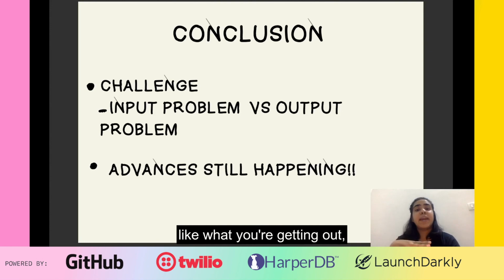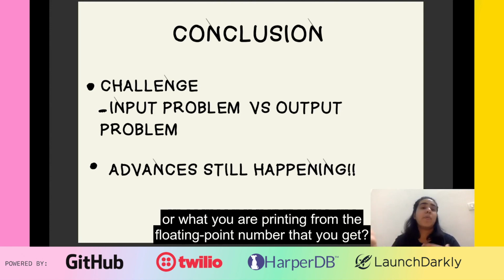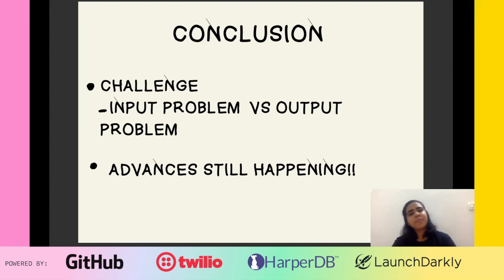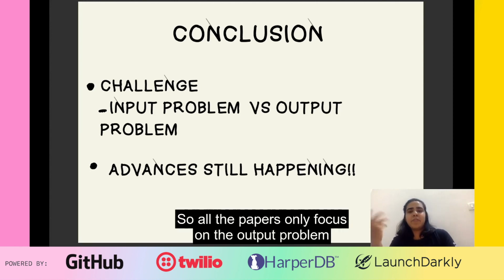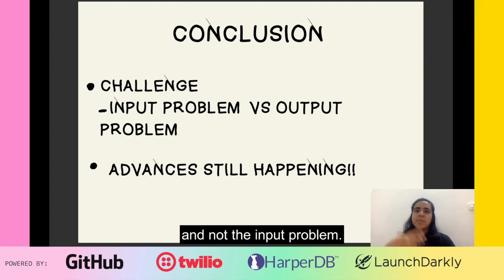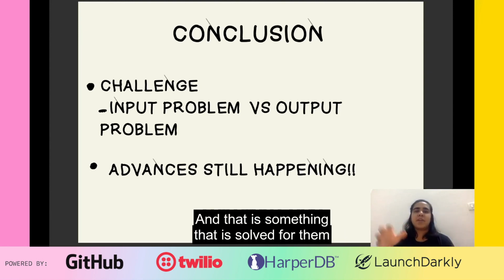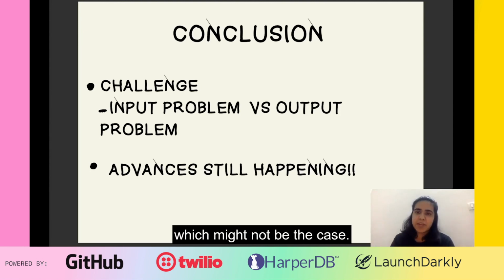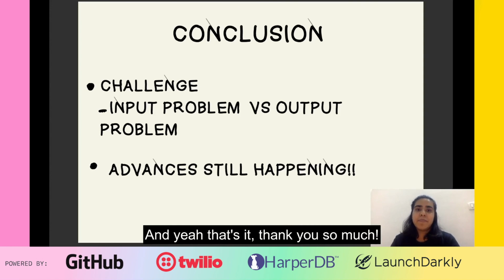It's what you are printing from the floating point number that you get. So all the papers and all the algorithms only focus on the output problem and not the input problem, and that's something they assumed is solved for them, which might not be the case.